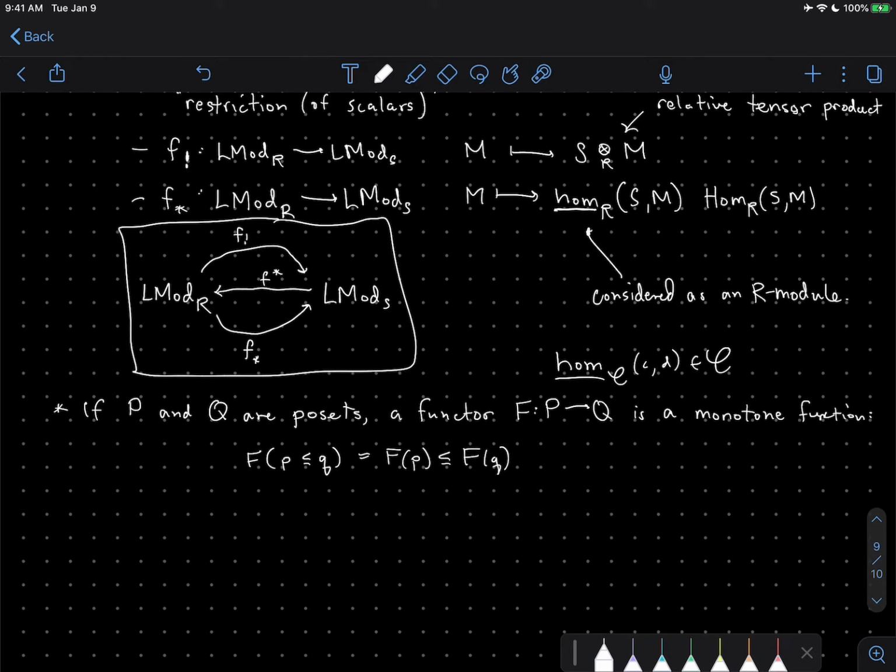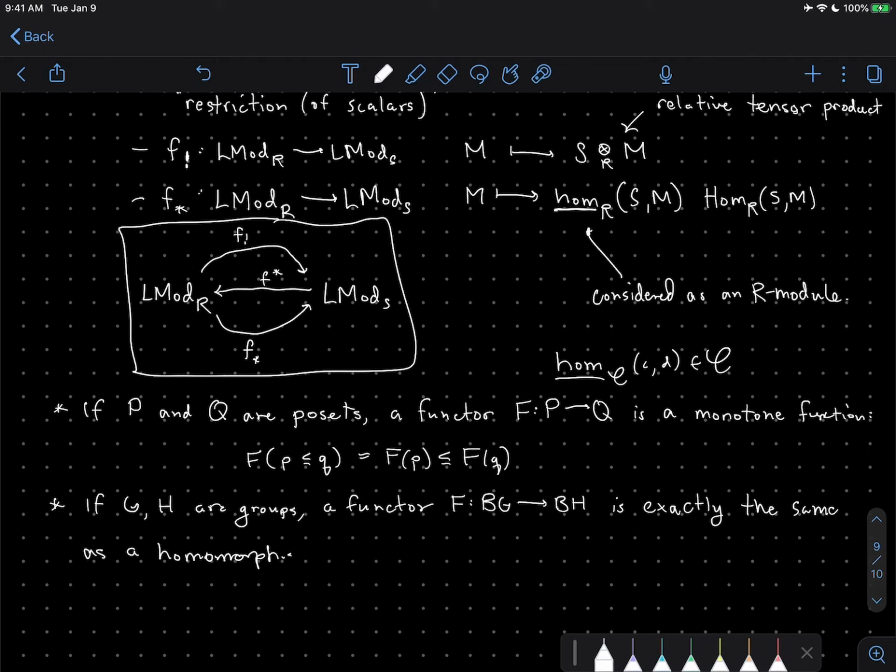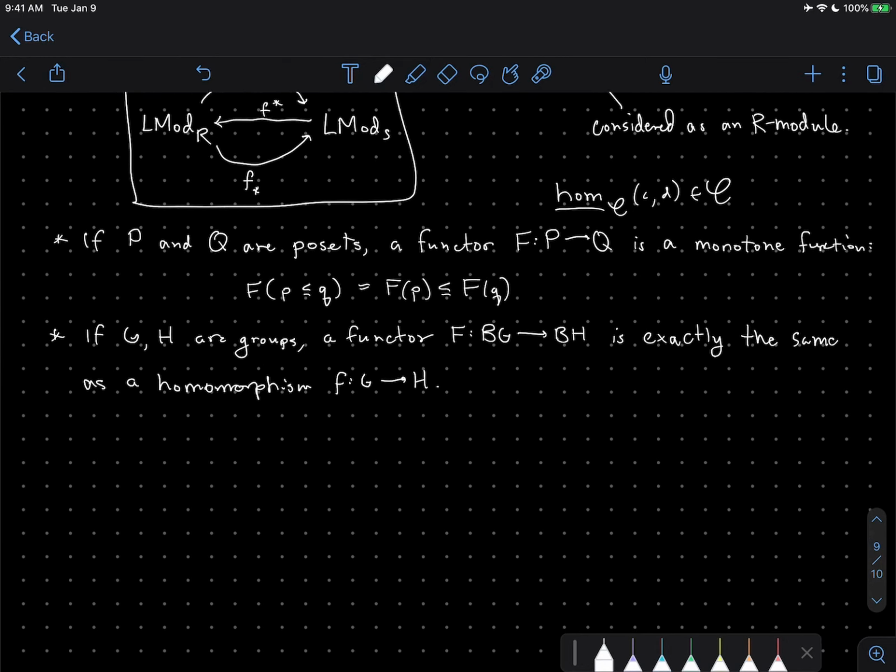Great. Now another example that you can convince yourself of is if G and H are groups, then a functor between their associated one-object groupoids is exactly the same data as a homomorphism from G to H. All right.